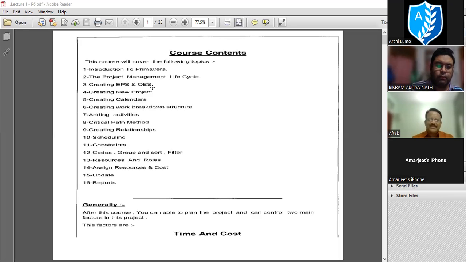EPS is the extended form of enterprise project structure. Simply, in simple terms, it is nothing but a company's topmost hierarchy organization. I mean, any organization's topmost hierarchy.